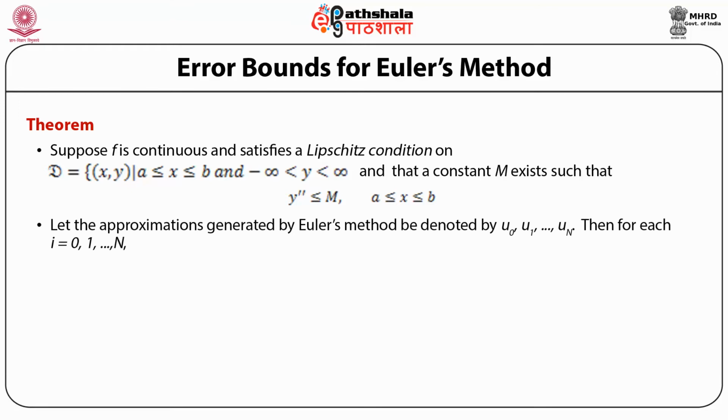Let the approximations generated by Euler's method be denoted by u_0, u_1 till u_n. Then for each i equals 0 to n, mod of y(x_i) minus u_i is less than or equal to h M divided by 2L times (e to the power L(x_i minus a) minus 1).